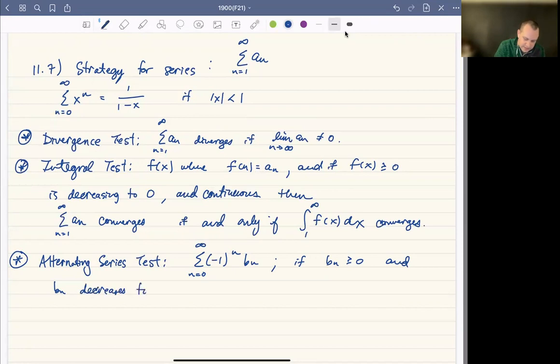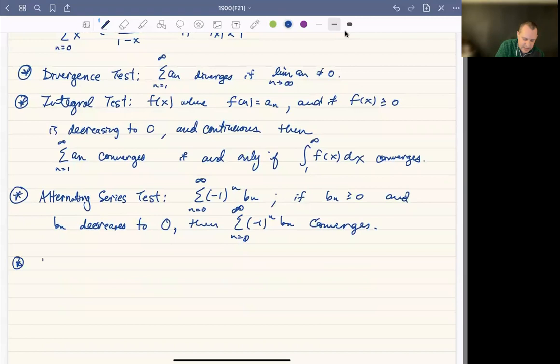When I say decreases to 0, what I mean is that the sequence is decreasing and its limit is 0. So just to be concise about what I mean there. If b_n is greater than or equal to 0 and decreasing to 0, then the series converges. That's the alternating series test.